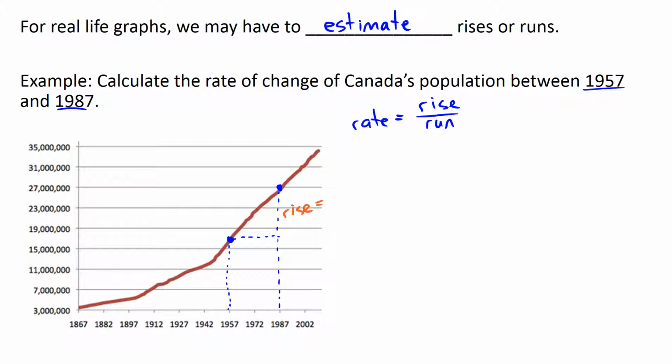The rise we're going to have to estimate. It looks like it's going from about 17 million up to about 27 million. So that would be 27 million minus 17 million, which is equal to 10 million.